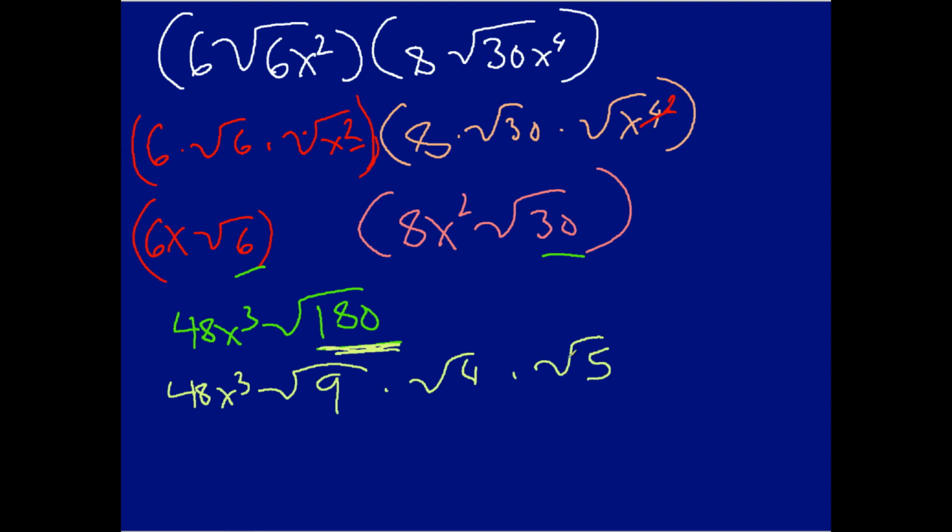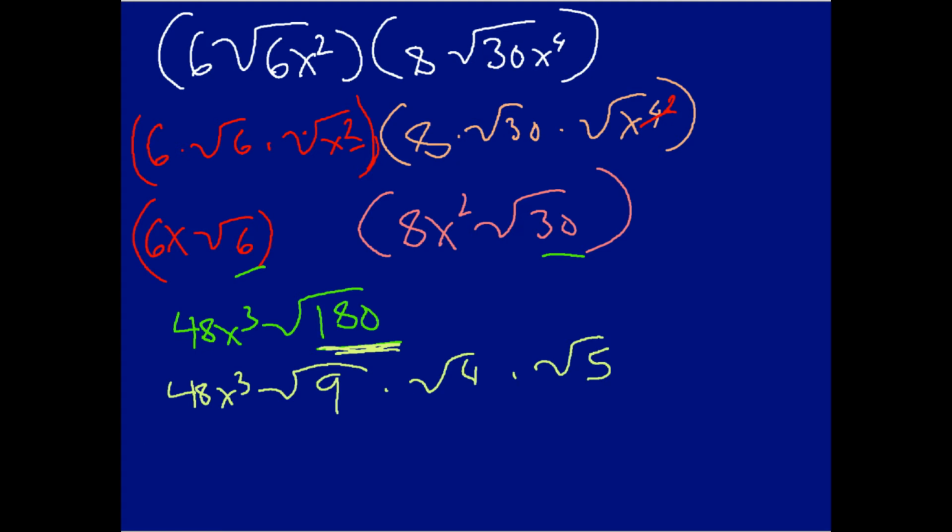Now, why do we do this? We need to find something that when you multiply them all together, it comes up to 180. But whenever possible, you want to find perfect squares. So if I square root 9, I'll get 3. If I square root 4, I'll get 2. These are perfect. Can't do anything about 5. It's going to be the same. And so what happens now is that I have the following.